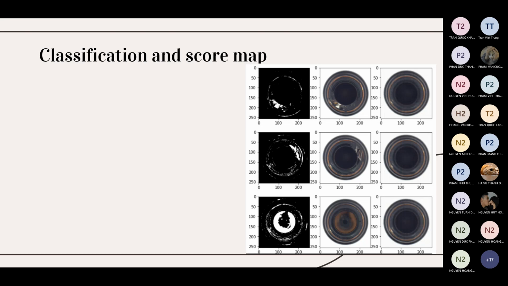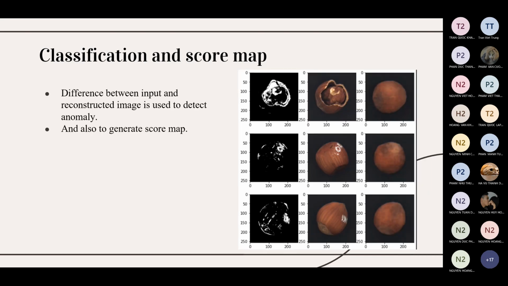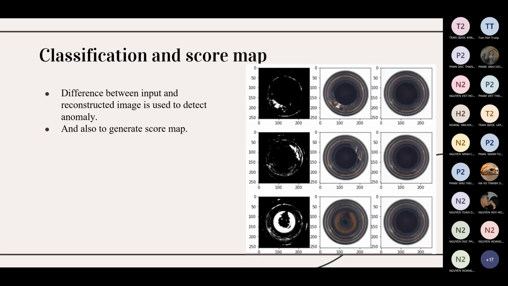For some datasets like bottle and hazelnut, the dataset has few features, so the reconstructed image is close to a good image, and we can generate a good score map like you can see here. It can show us the faulty pixels, the faulty region of the image here and here.